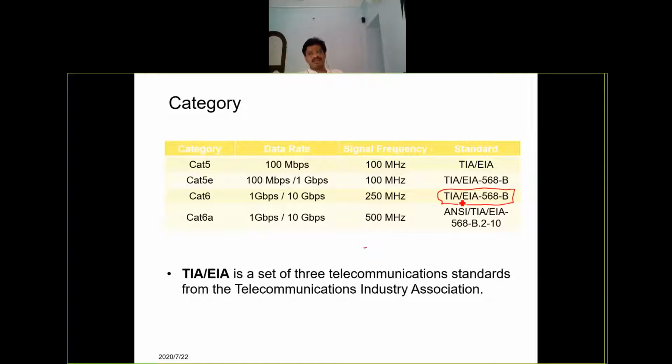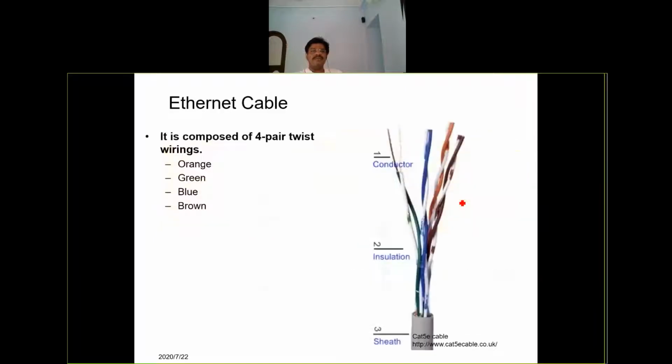There is no such difference, but only the type of conductors and the color coding associated with the conductors is to be properly maintained, and that gives rise to the different 568A or 568B type of standard for these cables.